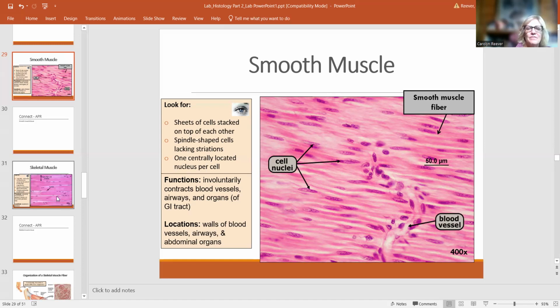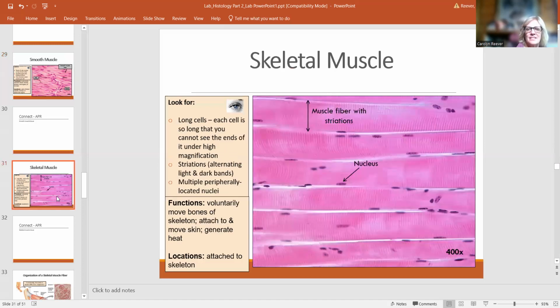Well, look at that versus this. This is at a higher power probably too, but these are the striations. The striations kind of run perpendicular. There's several reasons why they're striated, but there's a lot more activity in these as far as contraction and expansion.